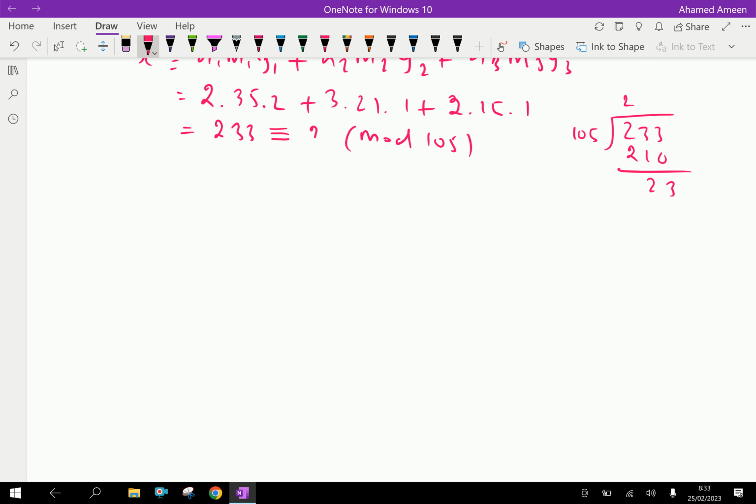That is here, 23. The remainder is 23. Therefore, it follows that 23 is the smallest positive integer that is a simultaneous solution.